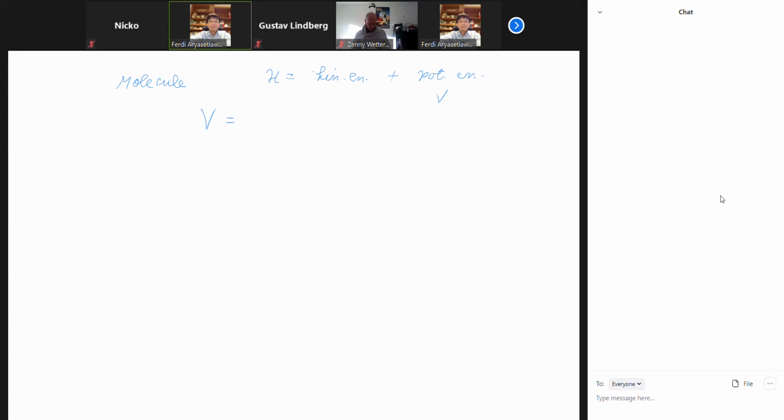So we have n atoms, let's say. And we imagine that the molecule is in equilibrium. And now we displace each atom a little bit from the equilibrium position. So we can then make a Taylor expansion of the potential.